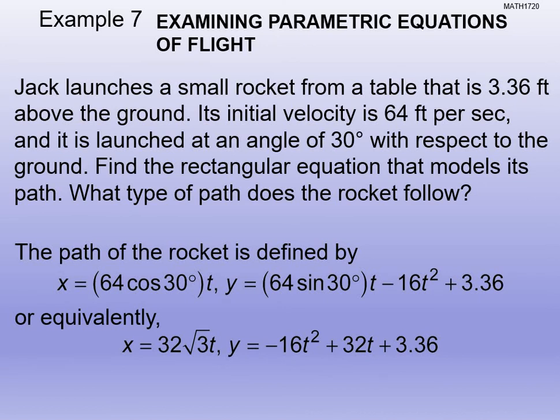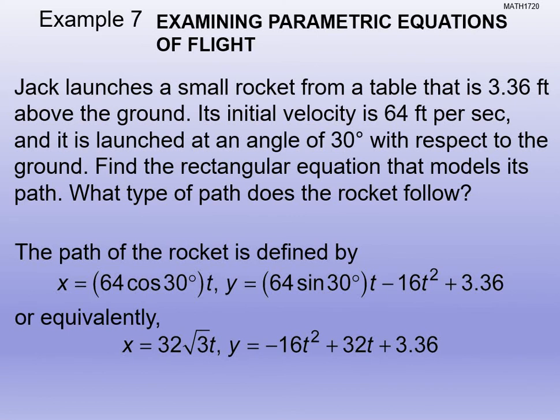You guys should know that. We've done that all semester long here. So it's square root of 3 over 2 for cosine of 30. So we multiply that by 64, and we end up with 32 square root of 3 t. And then the other one simplifies down into negative 16t squared plus 32t plus 3.36.